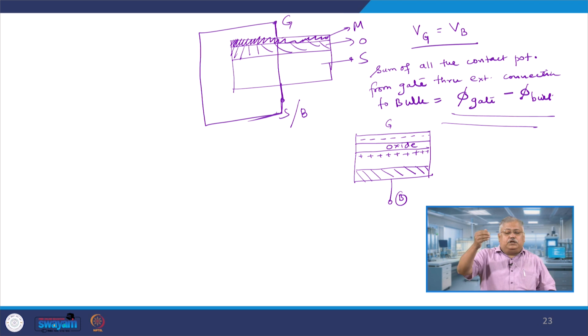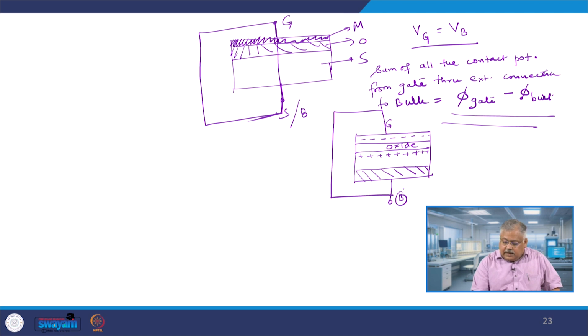I would expect to see an equal number of positive mirror charges being accumulated on the semiconductor side, because charge neutrality can never be violated in that sense, right. So, that is the reason I show you these negative and positive values, and I just short gate and bulk in this manner.